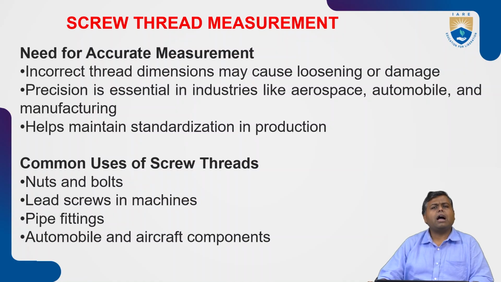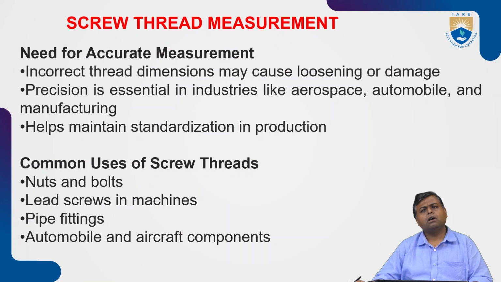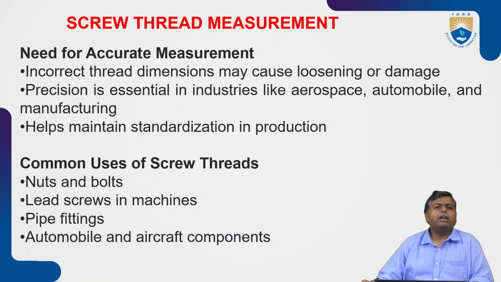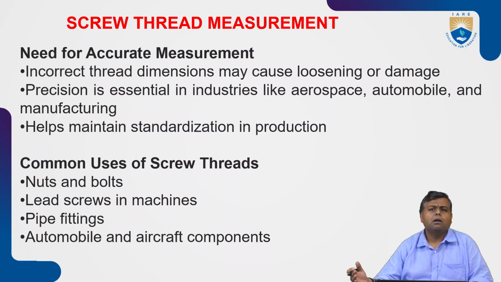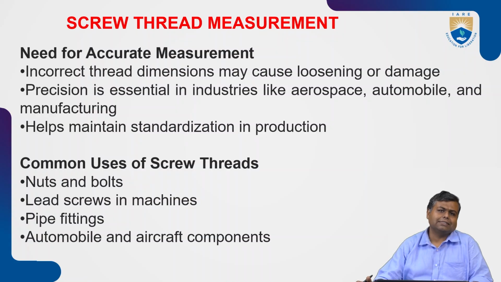The need for accurate measurement is that the screw will not lose its tightness and will not suffer damage. It is essential so that all screws handled on the machine or in any aerospace application will hold their position and perform their function.